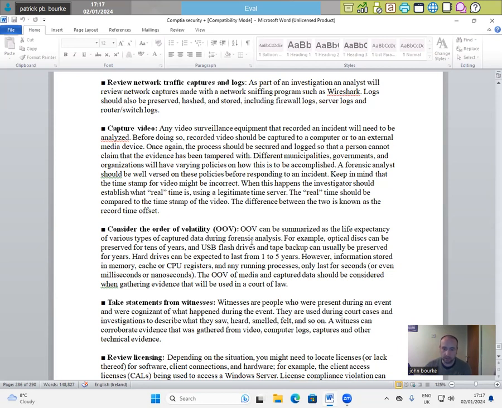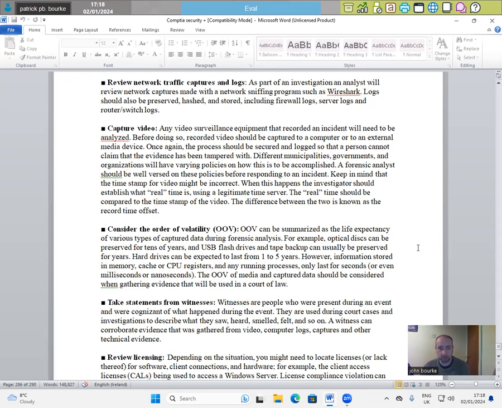OOV can be summarized as the life expectancy of various types of captured data during forensic analysis. For example, optical discs can be preserved for tens of years. USB flash drives and tape backup can usually be preserved for years.